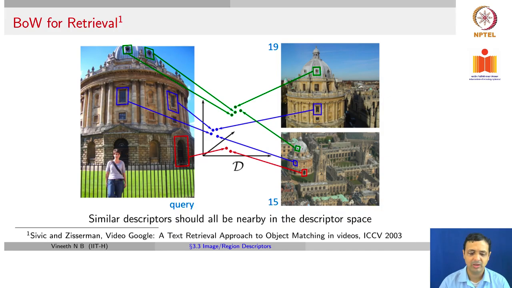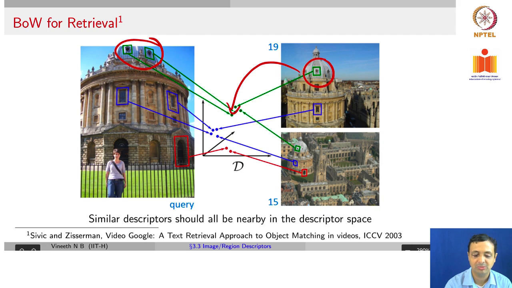So how do we want to resolve this problem? What we are going to say now is that if there were descriptors that were similar that would match between the two images, instead of matching them pairwise between the query image and the reference image, let's assume that similar descriptors will anyway correspond to similar representations in that representation space in a certain metric, let's say the Euclidean metric, right?